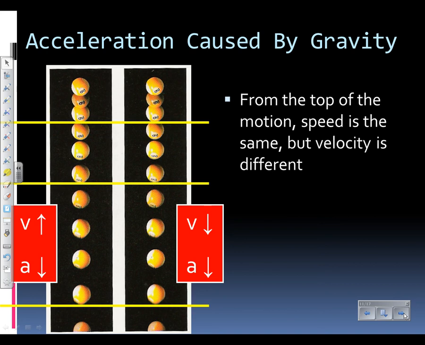Do they have the same speed? Do they have the same velocity? No, because one's going up and the other one's going down. They'll have the same speed here and here, and the same speed here and here, and the same speed here and here, not the same as each other. But one side, the other side, not necessarily the same velocity.